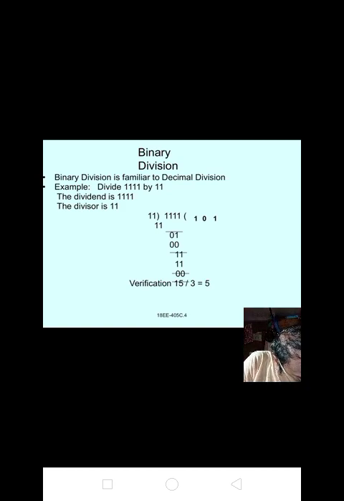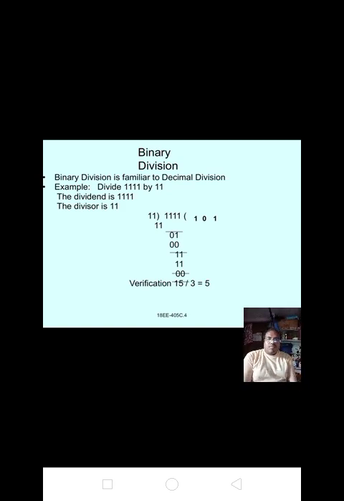11 into 0 is 00. 11 into 1 is 11. The remainder is 0. This is the quotient, this is the remainder, this is the divisor, this is the dividend.